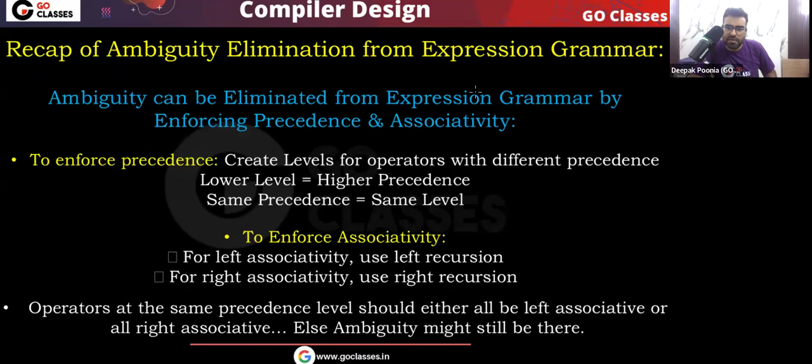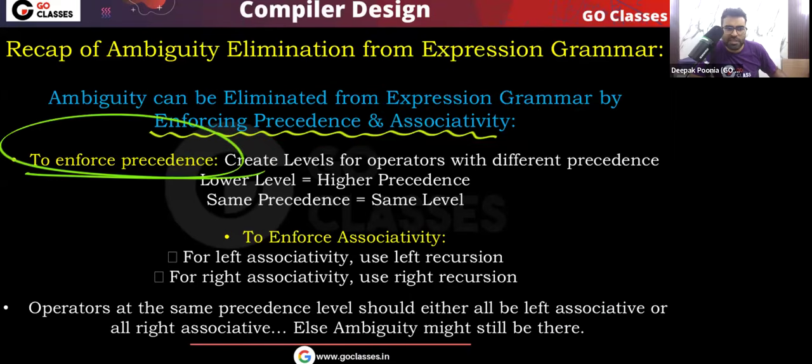Ambiguity can be eliminated from expression grammar by enforcing precedence and associativity. Yes or no? Do you remember this? By enforcing precedence and associativity, we can remove ambiguity from the expression grammar. And how to enforce precedence?